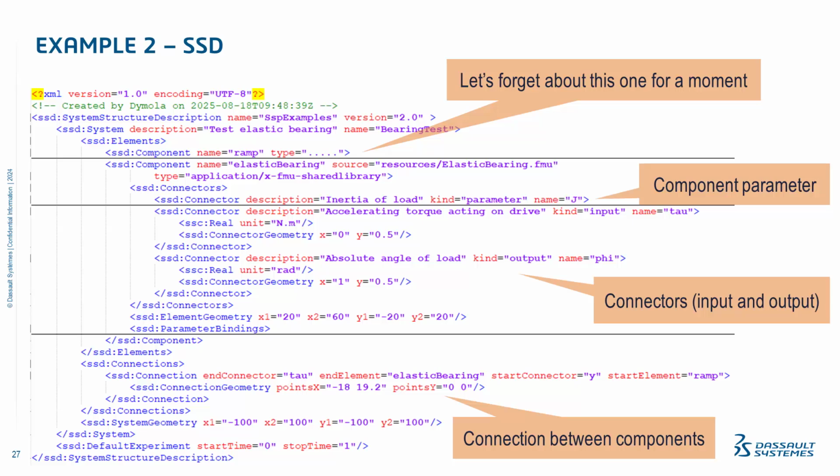But we can see here that we have connectors, a component parameter here called J. Here I have, which is a real number with the unit. And then we have the connection between the components at the end here with start and stop connectors and also the geometry of the connection.